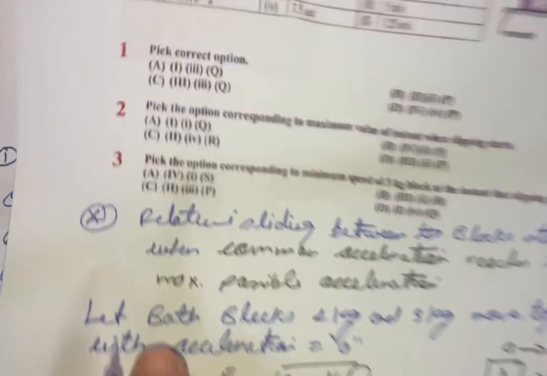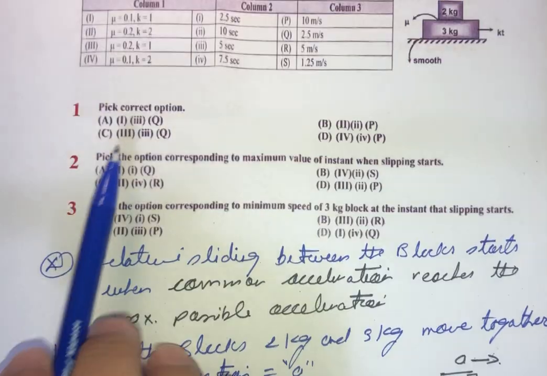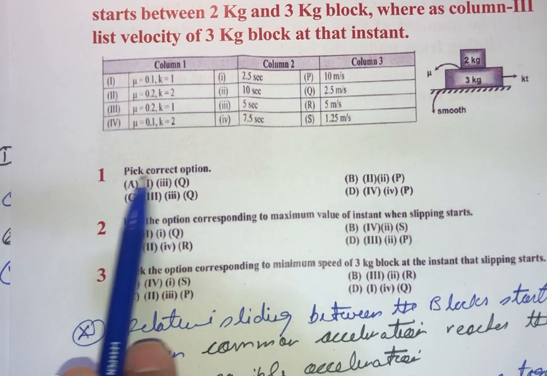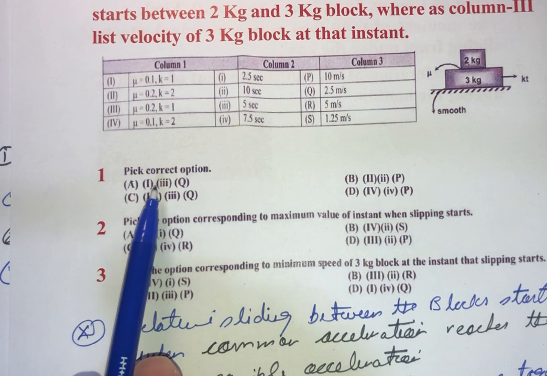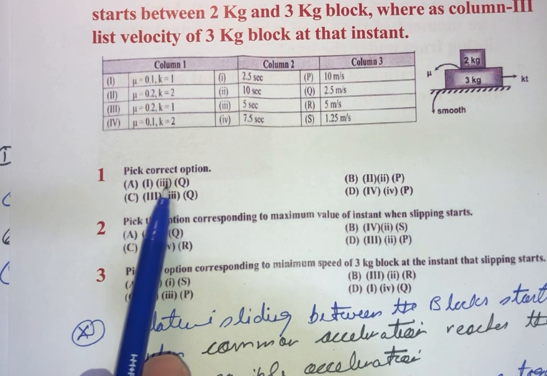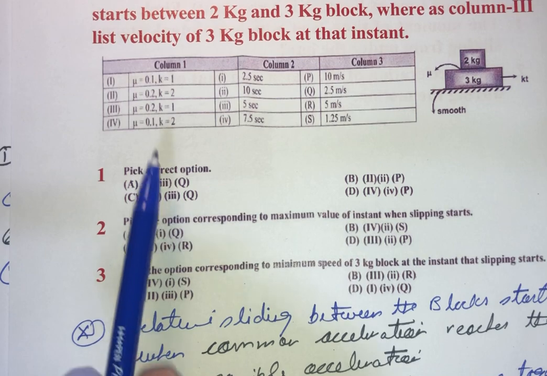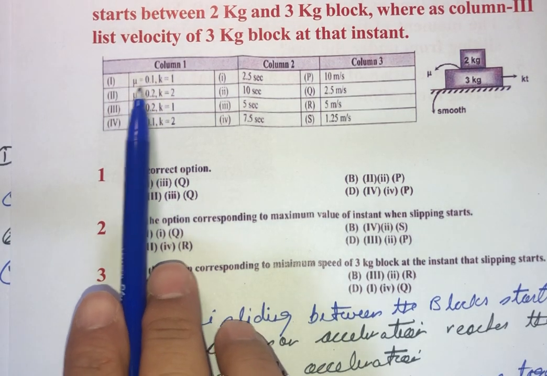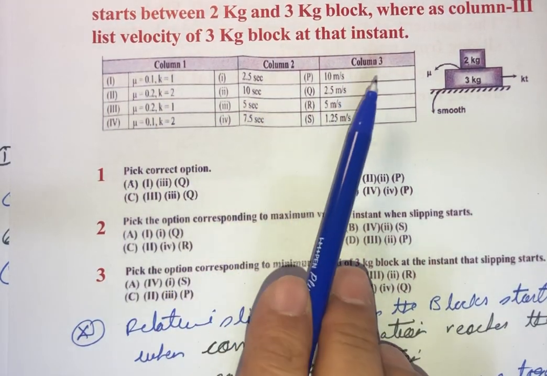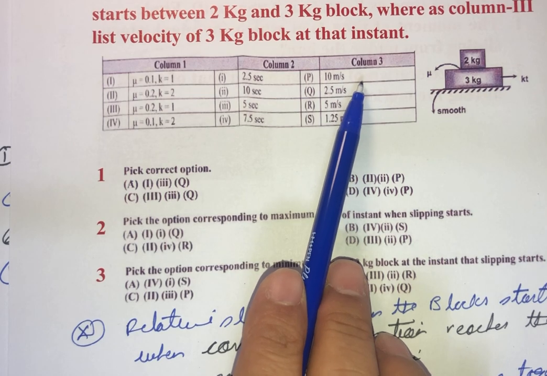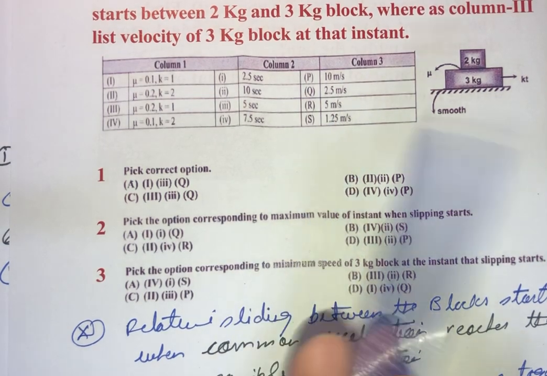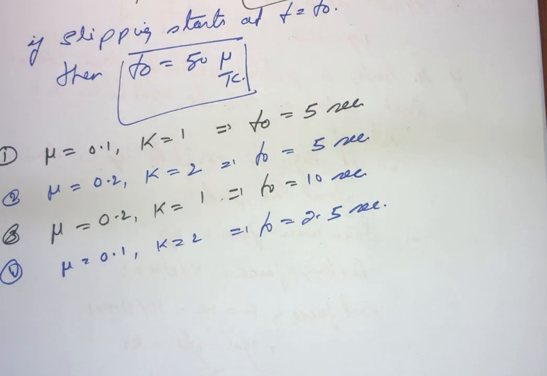In the first part we are asked to pick the correct option. So we are going to identify the various combinations of mu and k, time, as well as the velocity given in the third column.